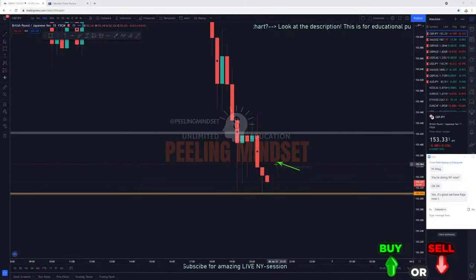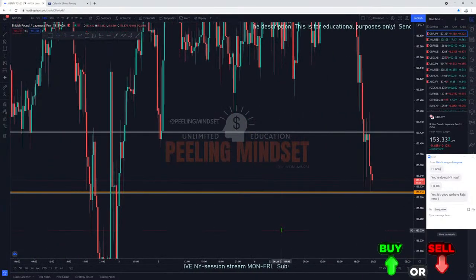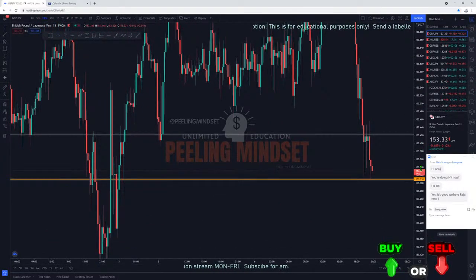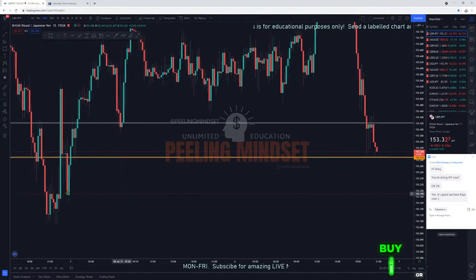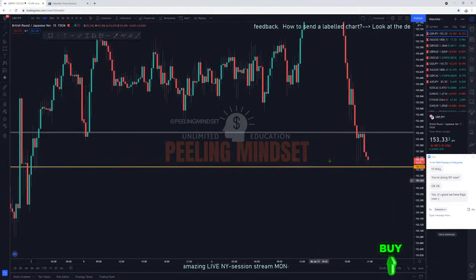If price starts closing below the 153.310 level, we do have a clear range on the left-hand side. The range on the downside from 153.310 is about 12 to 14 pips. So it's a tight range, but if price pushes down with volume, it could work.